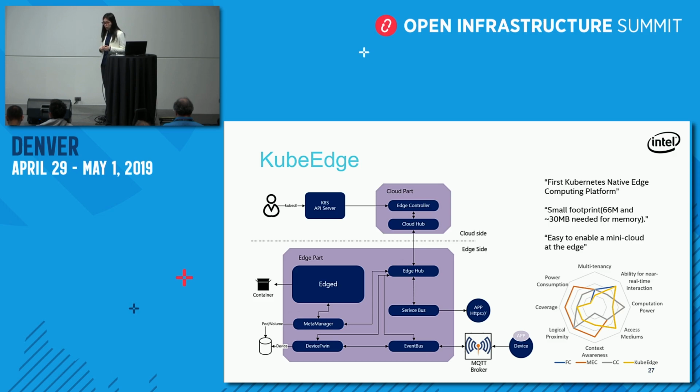So this project has provided some solid statistics, like a small footprint: it needs just 66 megabytes, and nearly 30 megabytes for memory. And it's saying that it's easy to enable a mini cloud and edge.